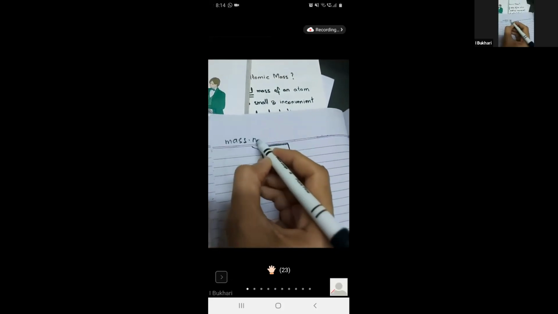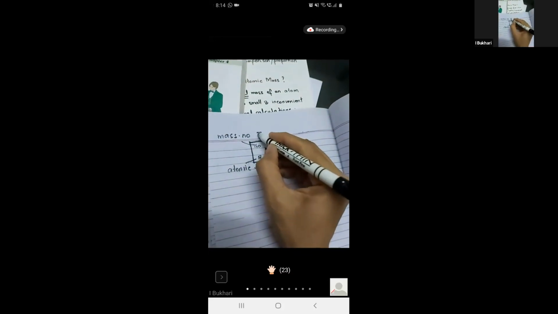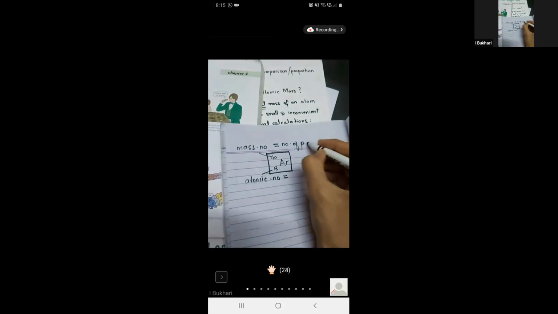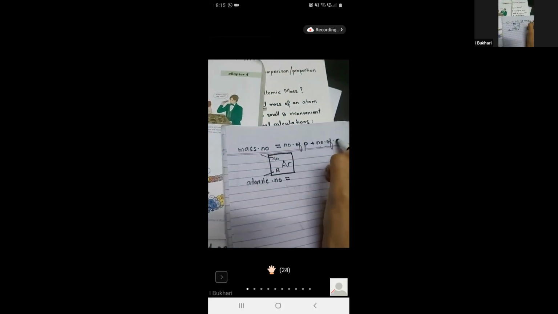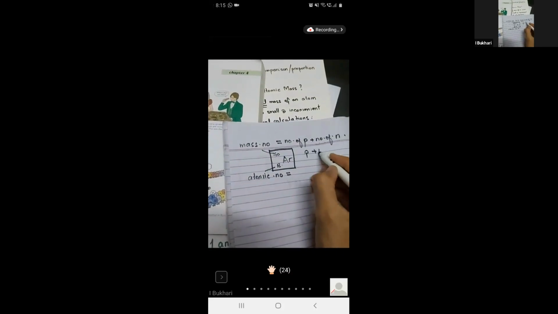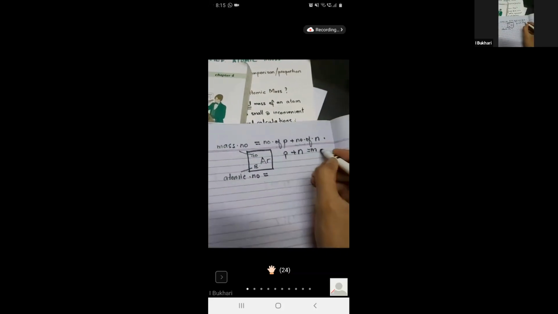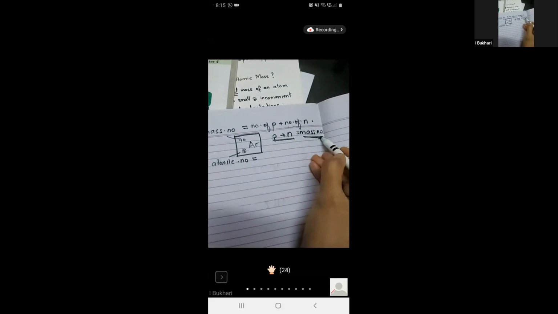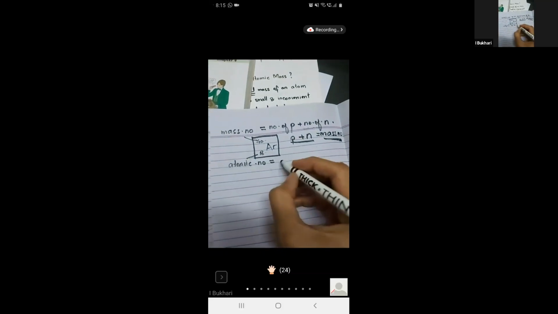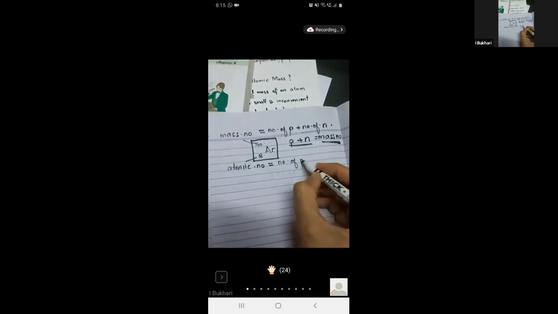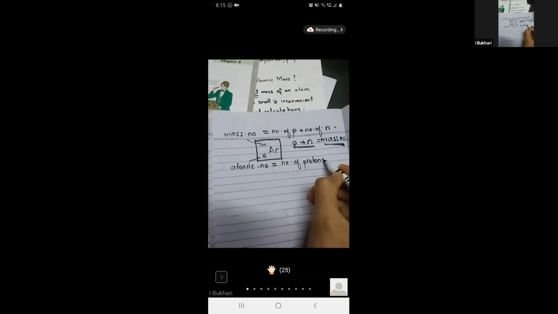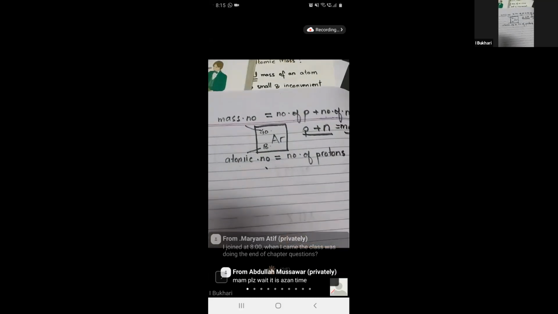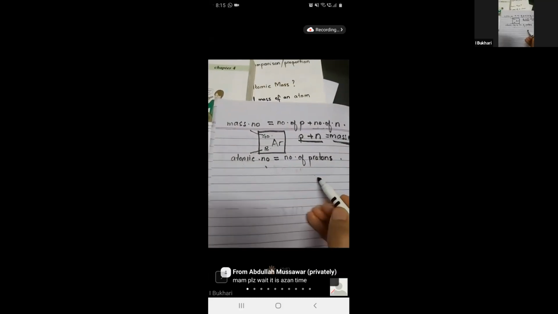That only makes sense because the mass number is the sum of the number of protons plus the number of neutrons. So protons plus neutrons will give us the mass number. That's why it is the bigger number, because it is a sum. Atomic number is just the number of protons. Therefore, of the two numbers, the smaller one is always going to be the atomic number, which is the identification number for an element.